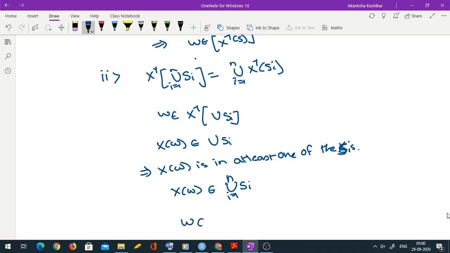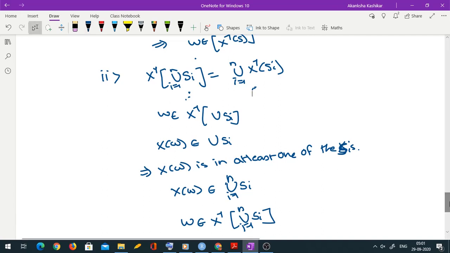So this means omega belongs to x inverse of union Si. Is it okay? So what we have proved is the left hand side is a subset of the right hand side, because we started with omega from here and proved that it lands in here also. Homework is to do this the reverse way. Okay, it's exactly the same. You don't have to worry much.